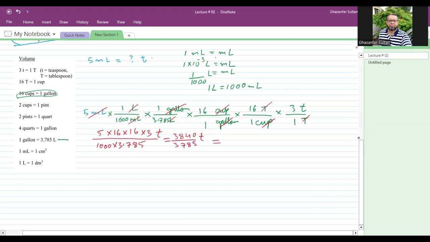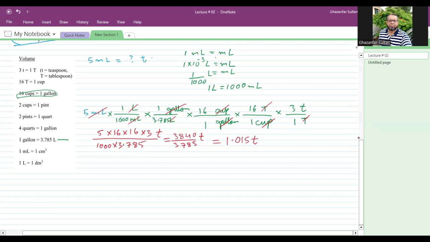So the final answer you can get by dividing 3840 by 3785, and it is 1.015 teaspoon. Small t for teaspoon.